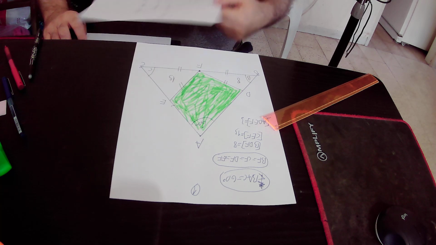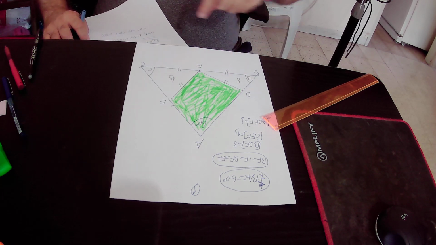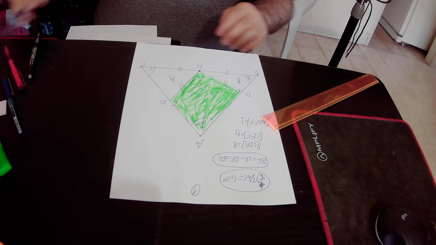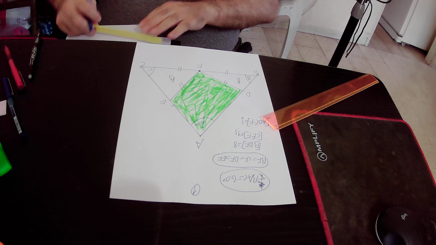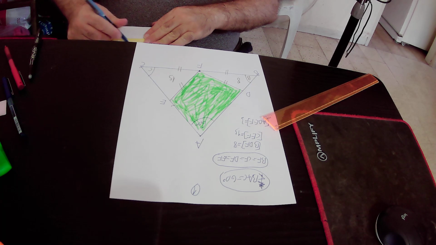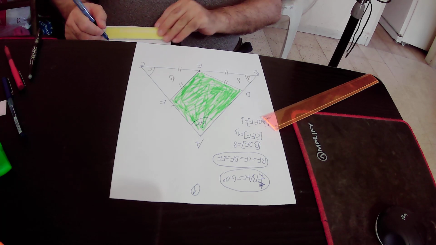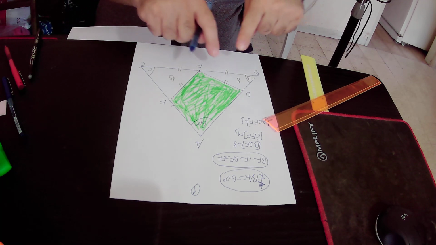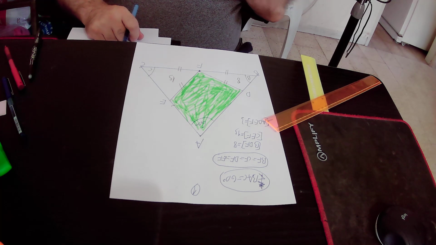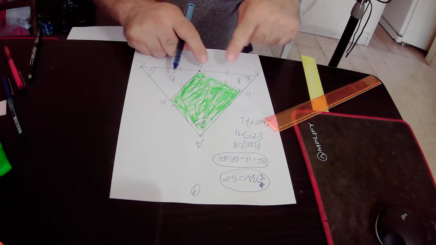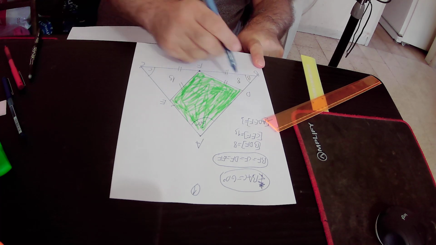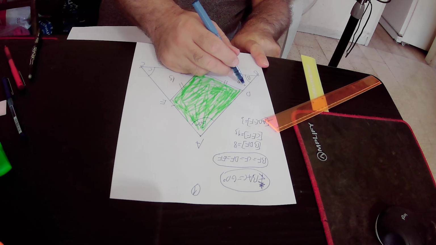So if we focus on triangle BDF, it is given in the question that side BF equals side DF, and in front of side DF we have angle B, in front of side BF we have angle BDF.